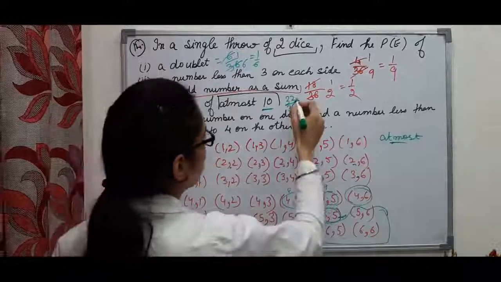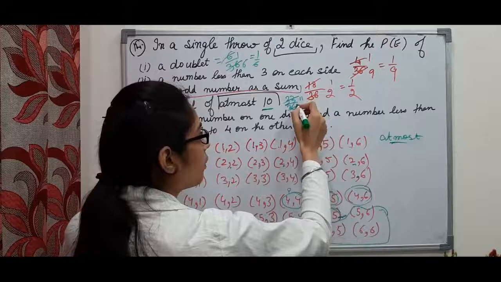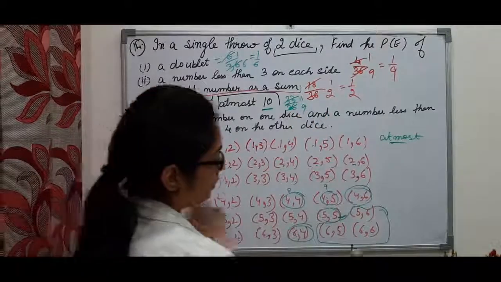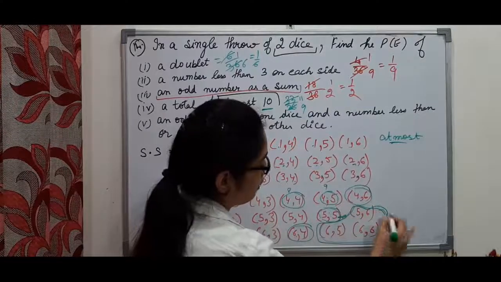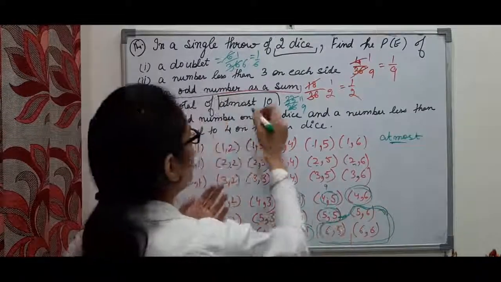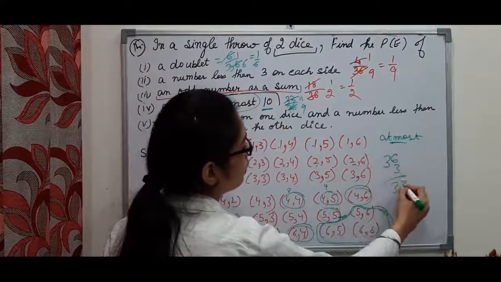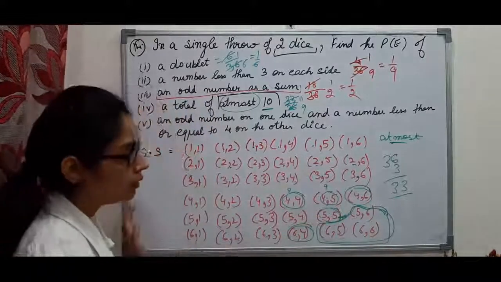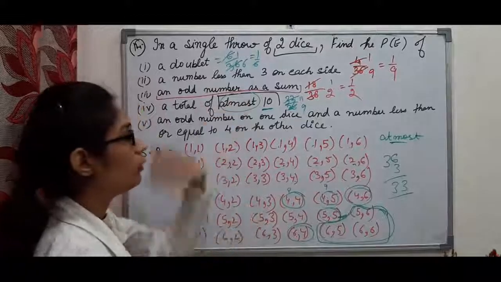If you do cancellation, it will go in 3's table, it will be 11 by 12. Or you can simply subtract. Only 3 events will not be a part of at most. So you can simply subtract 3 from 36, then also you get 33. Or if you want, you can count all the events which are favorable to your event.